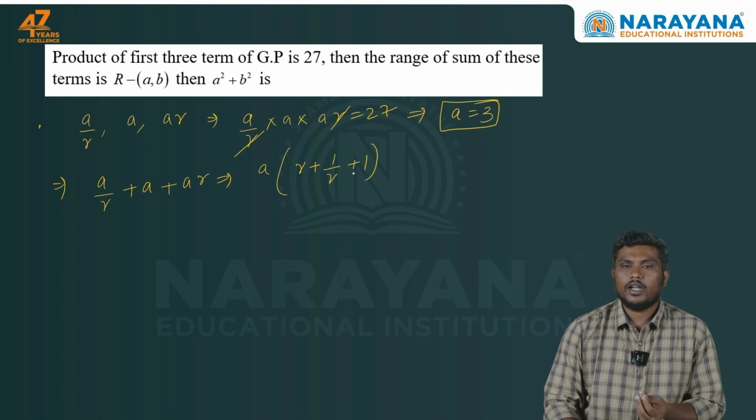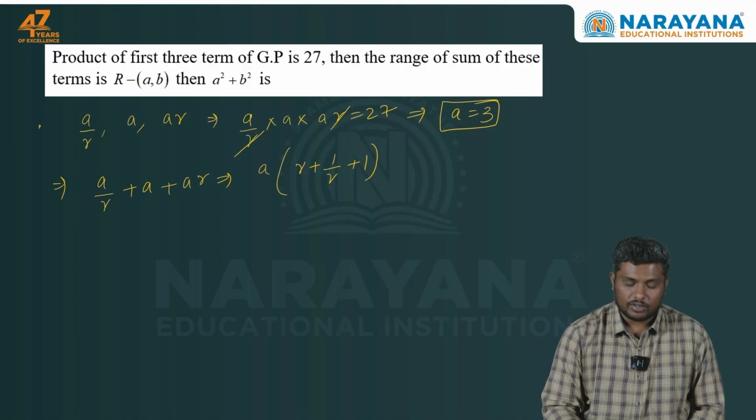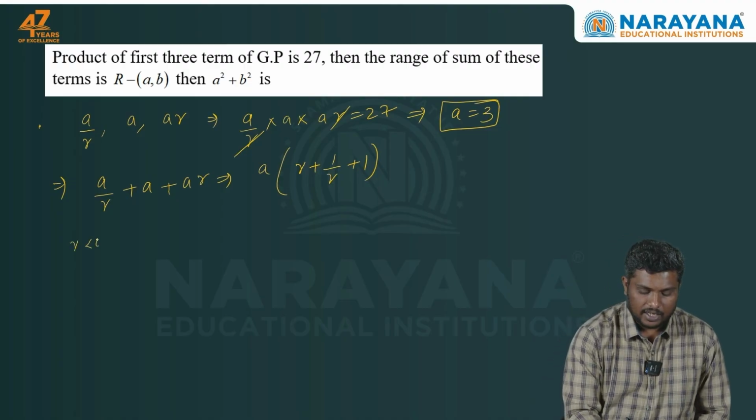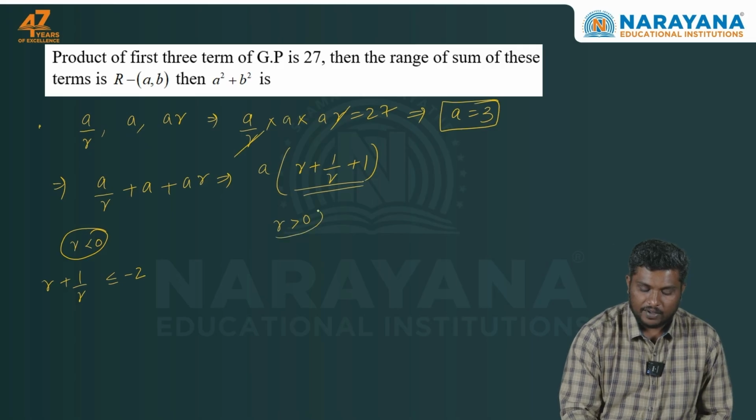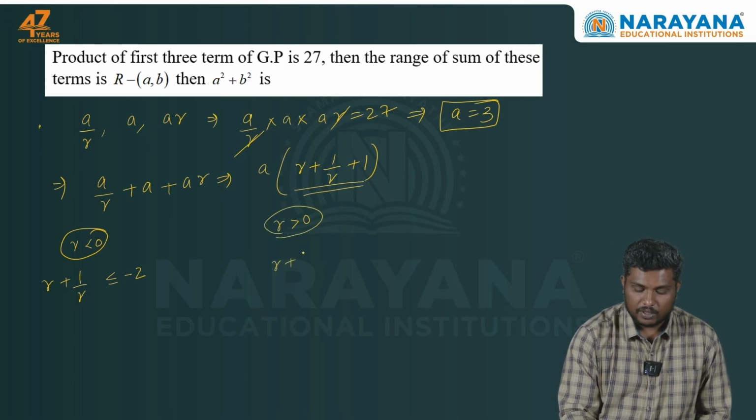Okay, guys, you can use simple AM-GM to do this question. If R is negative, R plus 1 by R will always be less than or equal to minus 2, and if R is positive, R plus 1 by R is always greater than or equal to 2.